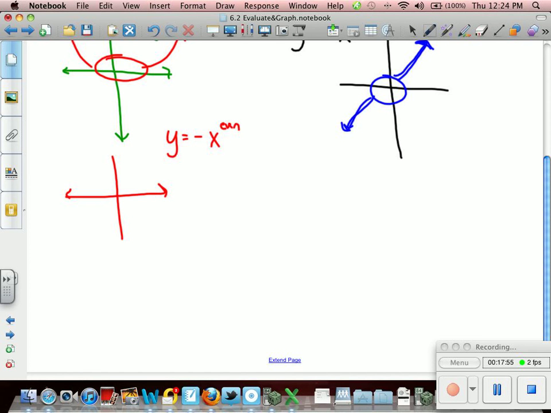You're going to have something to this effect where it's going down. There's stuff happening in the center, and it goes down in this direction. So as my x's go to negative infinity, my y's go to negative infinity. As my x's go to positive infinity, my y's go to negative infinity.